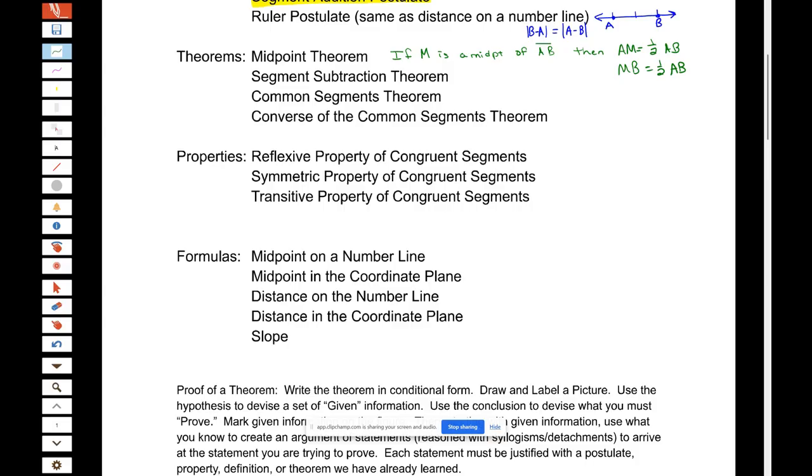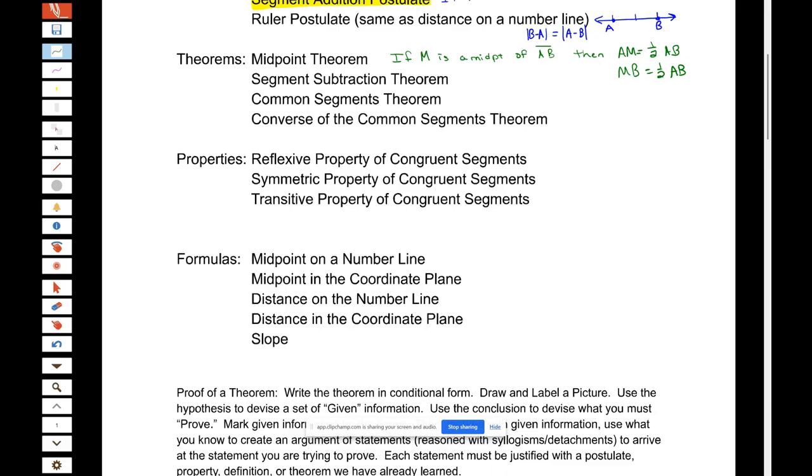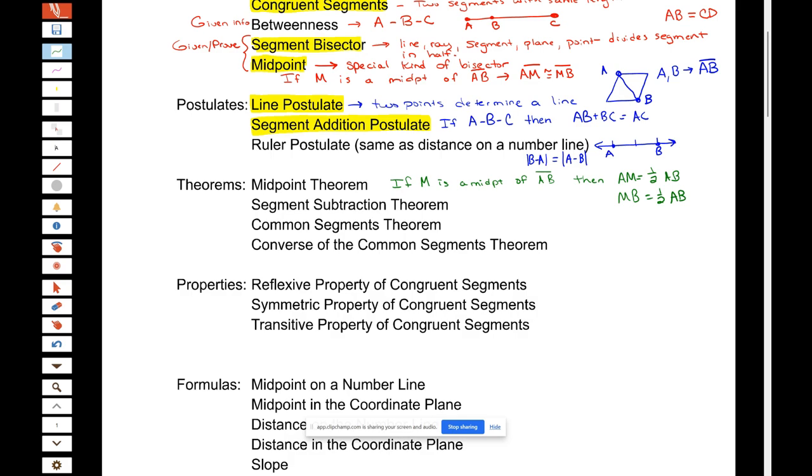Segment subtraction theorem, we will use a few times. So it says basically, it's kind of an addendum to the segment addition postulate. This one comes directly from this, and you're actually going to prove it in your homework assignment upcoming, that if A dash B dash C, then instead of adding the two parts to get the whole, you can take the whole length AC and you can say that it's equal to, let me move this over here.